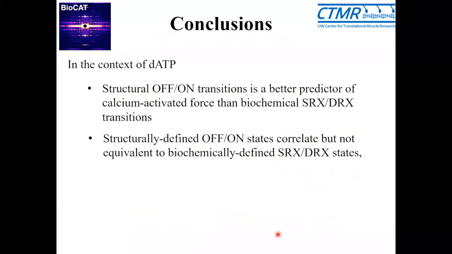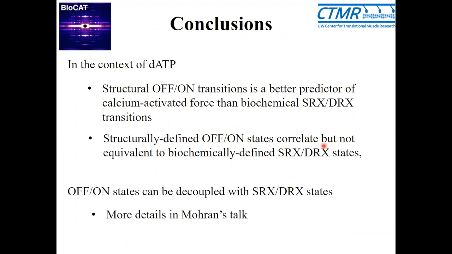To summarize, in the context of deoxy ATP, we haven't studied a lot of compounds yet, but the structure of the on transition is a better predictor of calcium-activated force than the biochemically defined SRX/DRX state. And the structurally defined off-on state correlates with, but is not equivalent to, the biochemically defined SRX state.